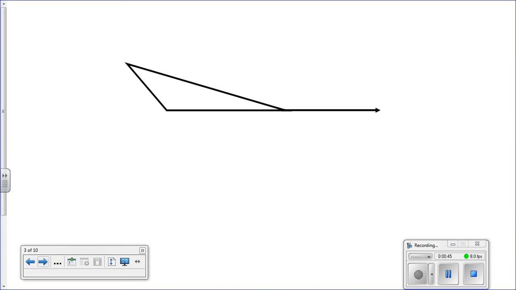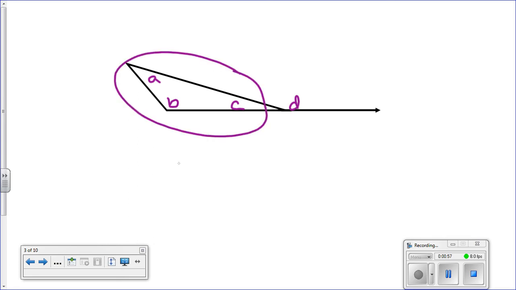If I take this angle, which is A, B, C, and we'll call the one on the outside D, there are some things that you know. You know that the sum of the angles in a triangle, so angle A plus angle B plus angle C, should equal 180 degrees.